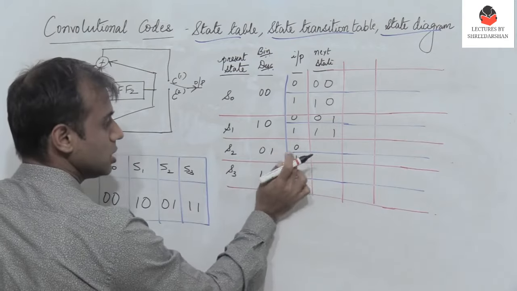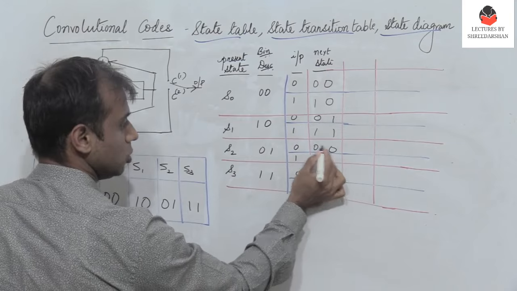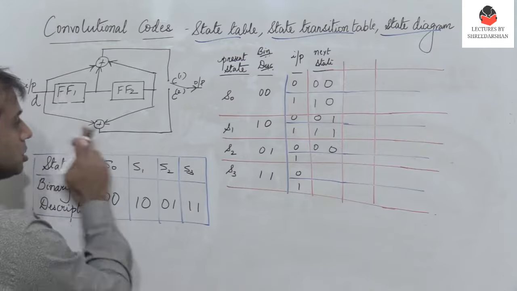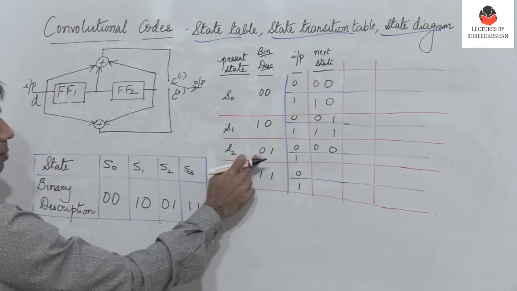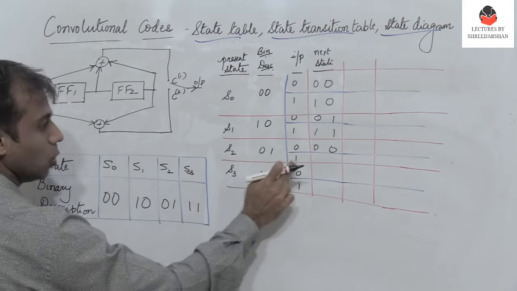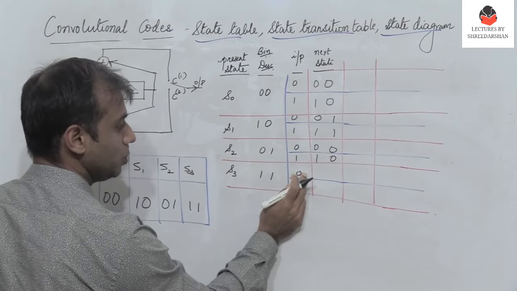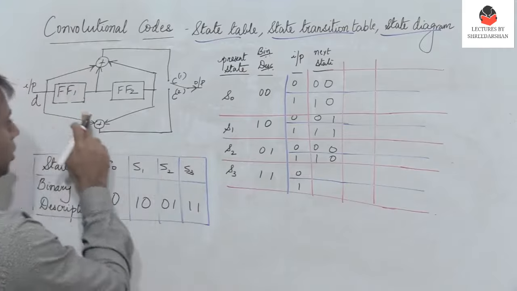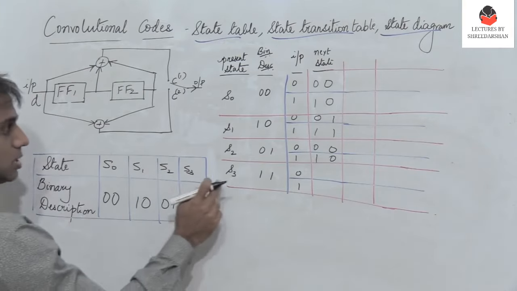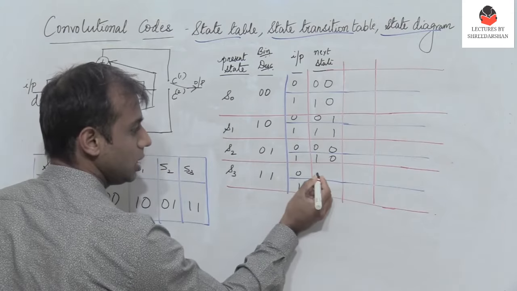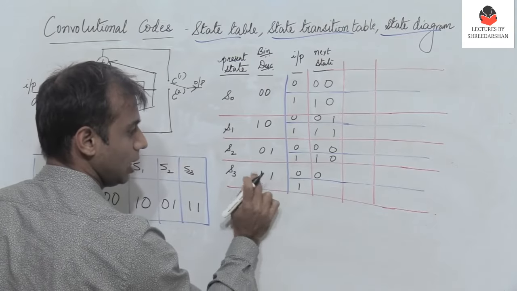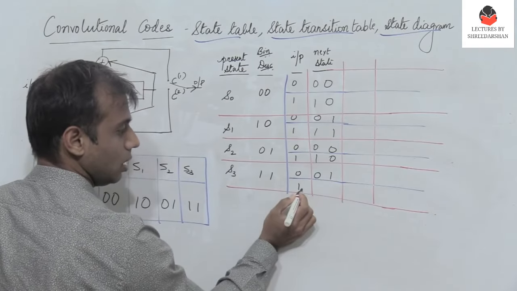So if the input is 0, I get 0, 0. And if the input is 1, where the present state is 0, 1, I get 1, 0. And if the input is 0 and I have 1, 1 as the present state, the next state would be 0, which is the input bit, and 1.